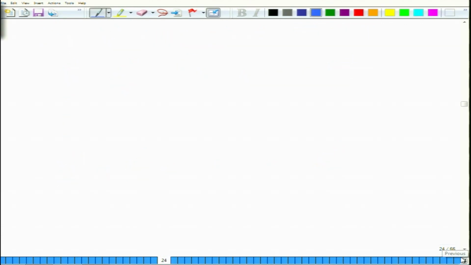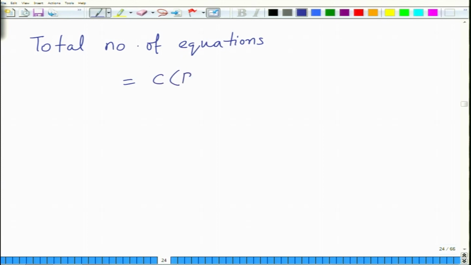So we saw that the total number of equations in the first case is C into P minus 1, and then we have a total of P number of phases.